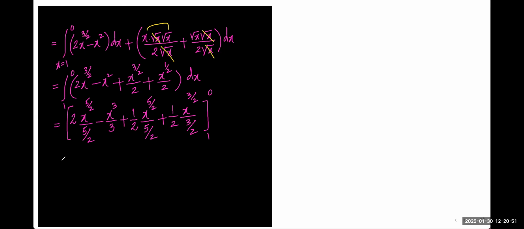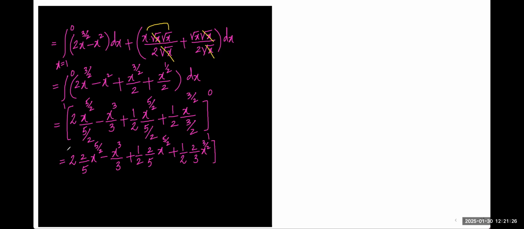So before applying the limit, let us simplify few steps. 2 as it is. This is reverse, 2 by 5 x power 5 by 2, minus x power 3 by 3, plus 1 by 2 as it is. It is also taking reciprocal, that is 2 by 5 into x power 5 by 2, plus 1 by 2 taking reverse, that is 2 by 3 and x power 3 by 2.